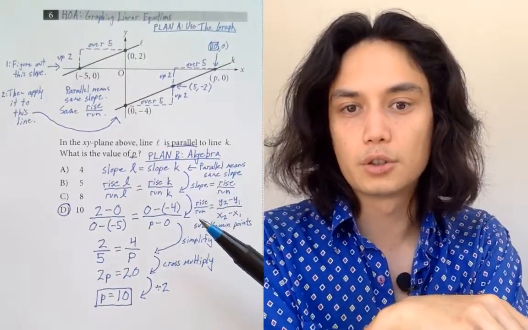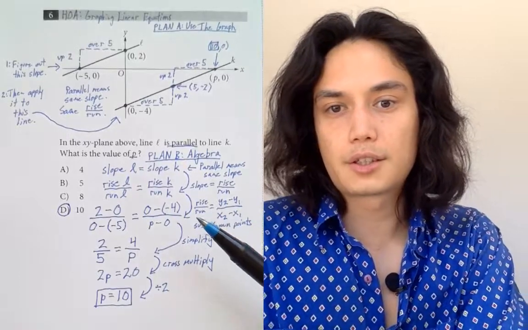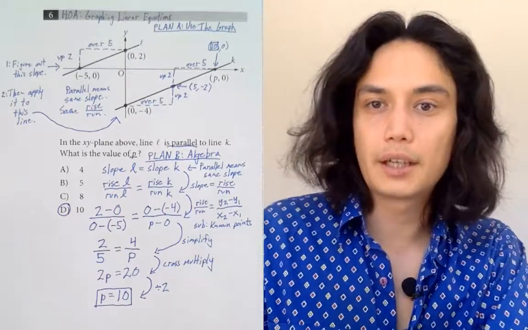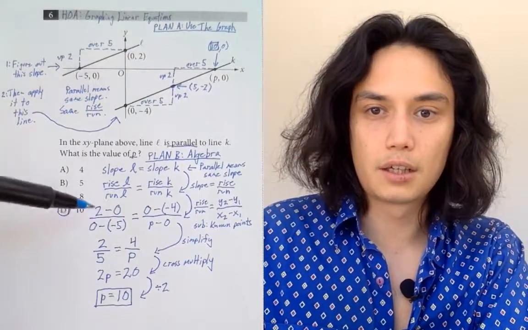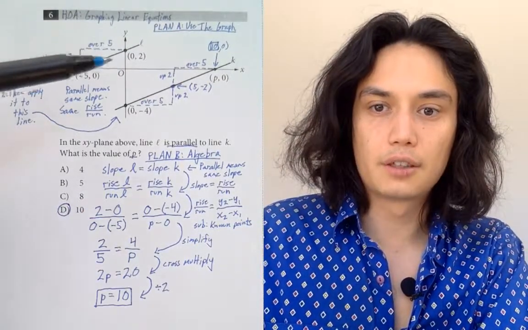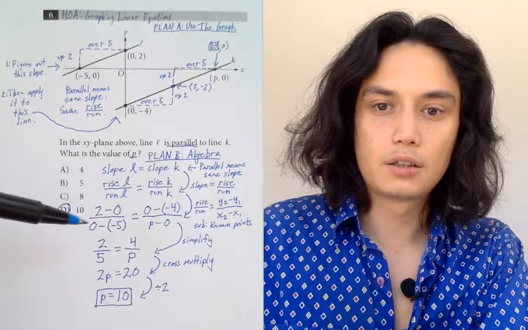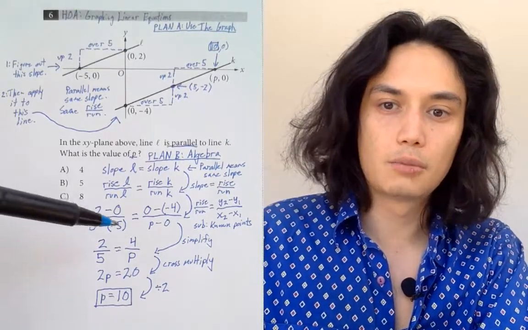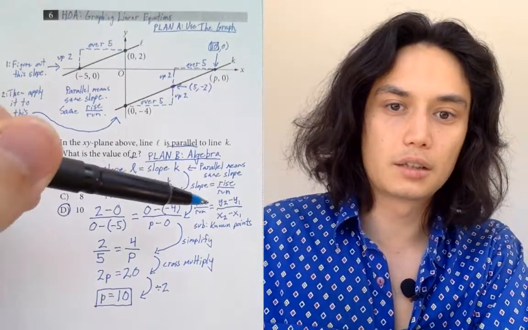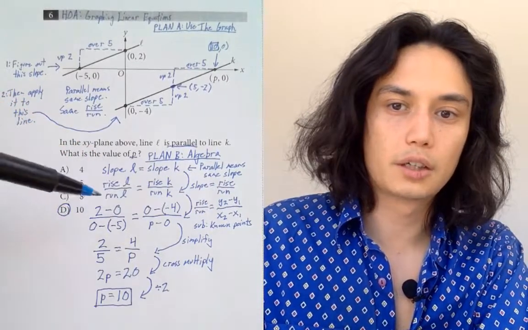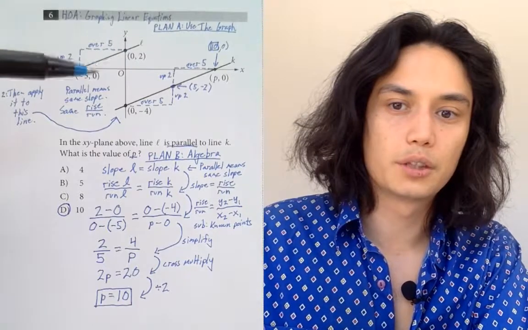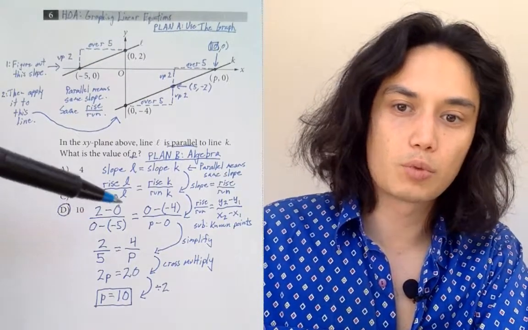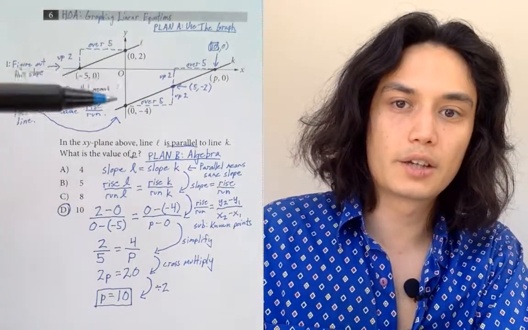That's rise over run. And so what I've done in this step is substitute the points we have. I've substituted 0, 2, and -5, 0. So 2 minus 0 over 0 minus -5. This is me plugging in the values for y2, y1, x2 and x1. These are the 2 points from here. We're trying to figure out the rise over run for this line, and we're going to say it's the same as the rise over run for this one.